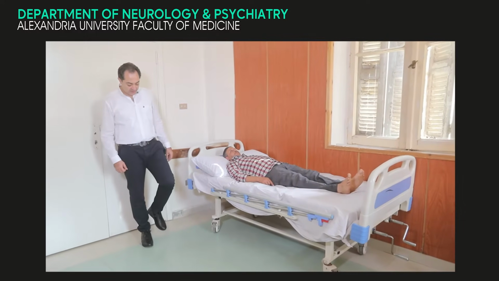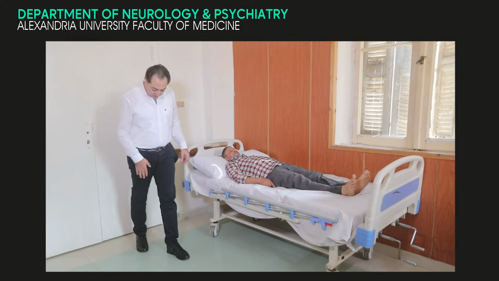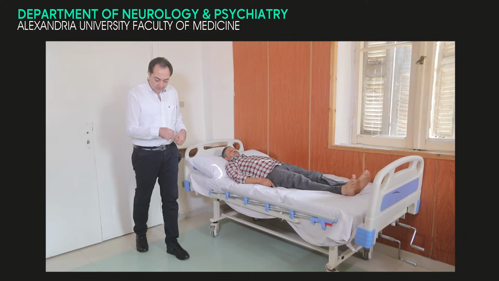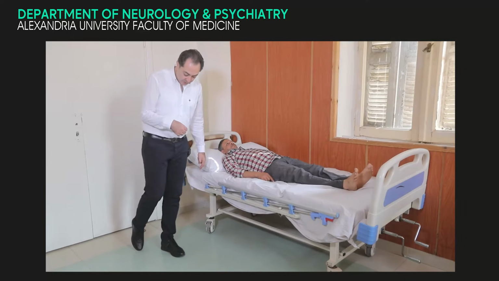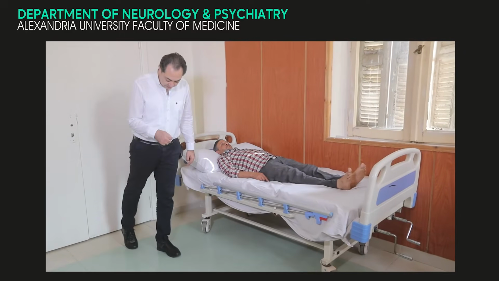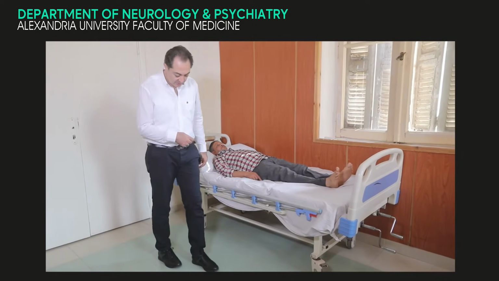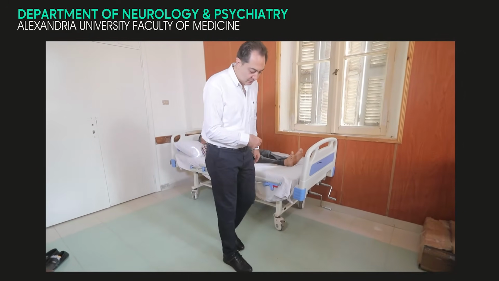But on the hemiplegic side, you will see that his arm is flexed and somewhat pronated, and his right lower limb is extended, so he cannot flex it like that. He will have a circumduction gait like this, and this is called circumduction gait.